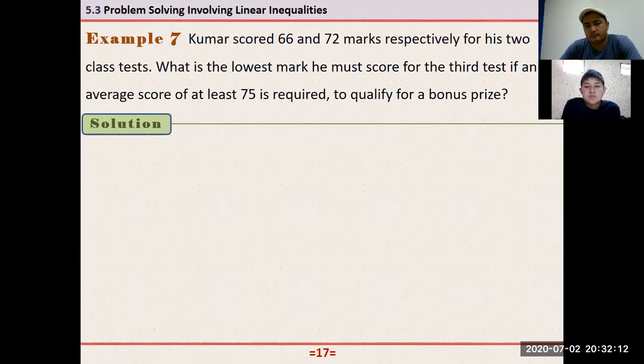What's the lowest mark he must score for the third test if an average score of at least 75 is required to qualify for a bonus prize?